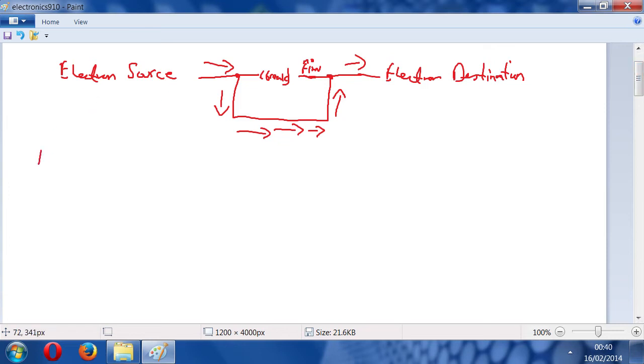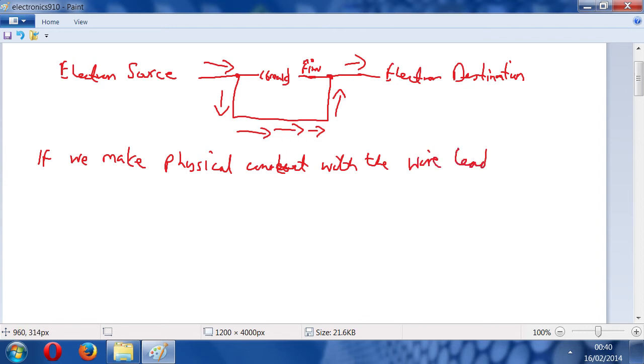So if we make physical contact with the wire leading to the source, and contact with the wire leading to the destination, from the source to the destination, any kind of wire, you can see that even though there's that break there, as long as there's a contact somewhere else, it doesn't matter.